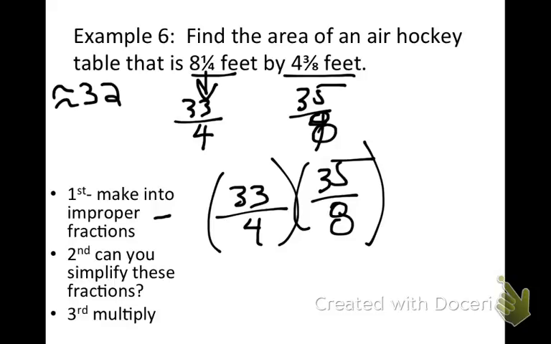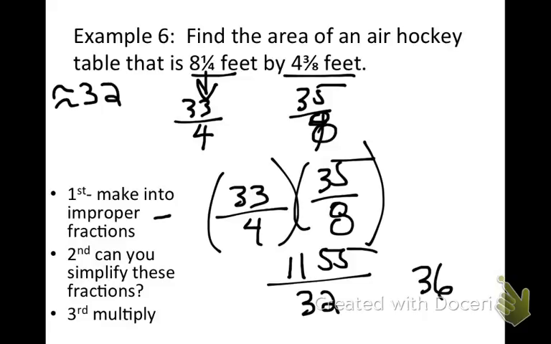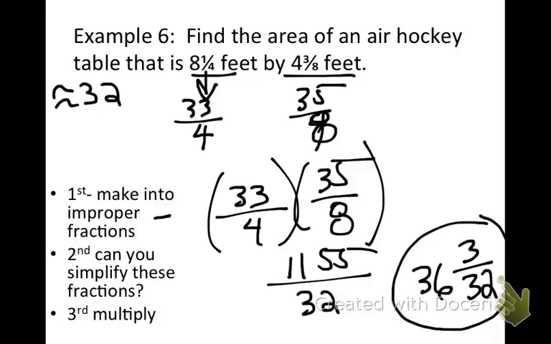If I multiply those out, I'm going to get some big numbers. I get 1,155 over 32. And then if I take 1,155 and divide it by 32, I get 36 with a remainder of 3. So I have 36 and 3/32 feet.